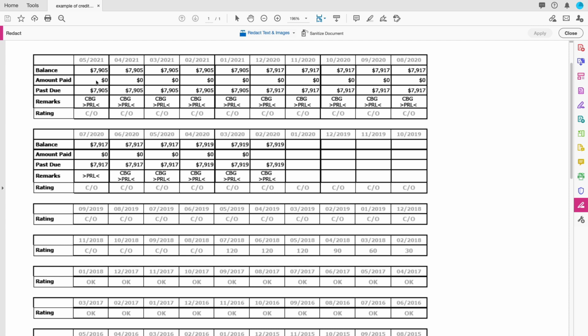Now, this is merely an illustration of what we very commonly see, which is missing data or inconsistent data. I'm not going to show it to you, but if we looked at the page before this, it would tell us when the date of last payment was, and it was well before anything that we're looking at here. And so then when we start comparing this with other credit reports, we see more conflicting information.